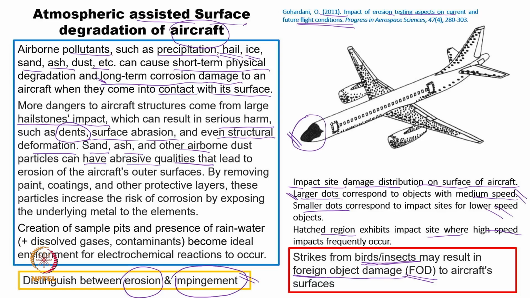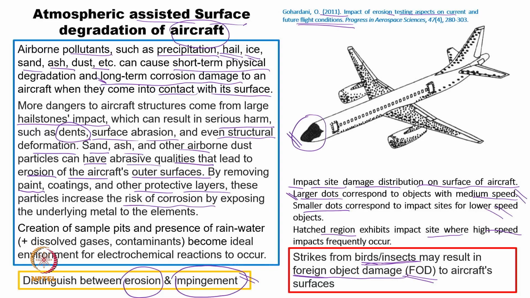So, that is why we say erosion of the aircraft outer surface may occur whenever atmospheric particles come and impinge, causing atmosphere-assisted surface degradation of the aircraft. And this is the impact. Many times they also remove the protective coating or the paint which has been used for protection, and then it further causes a risk of corrosion.